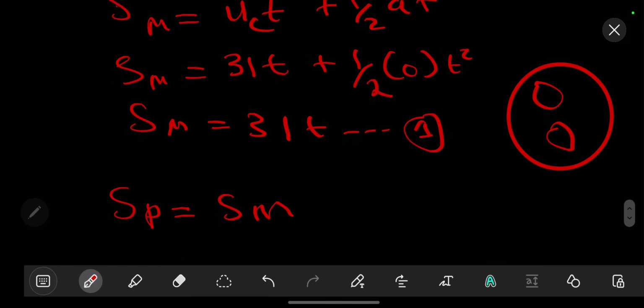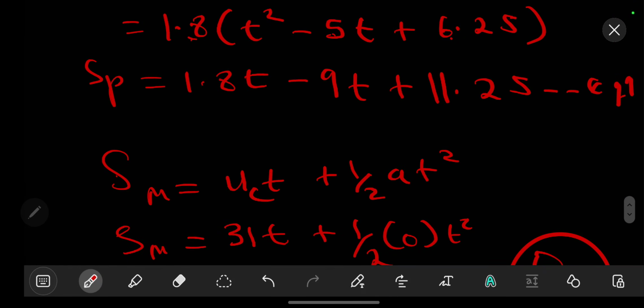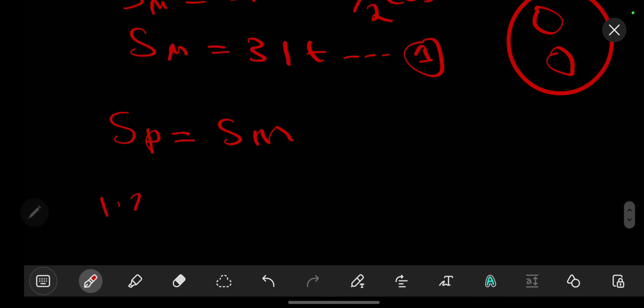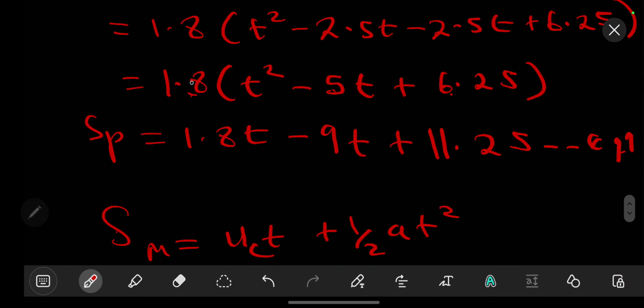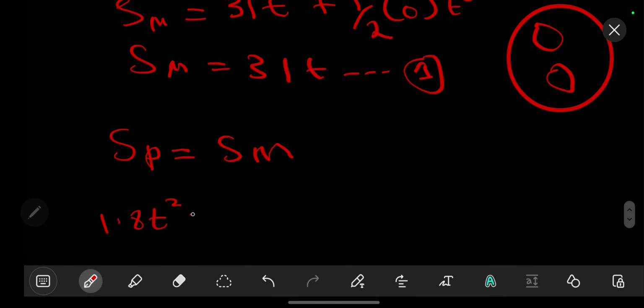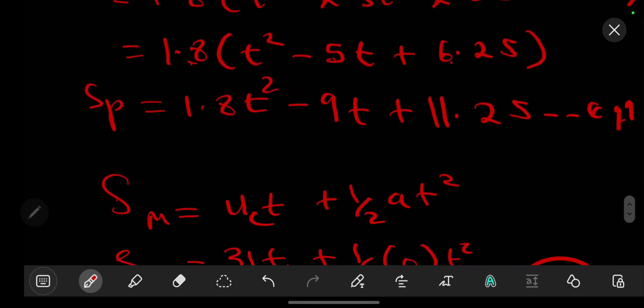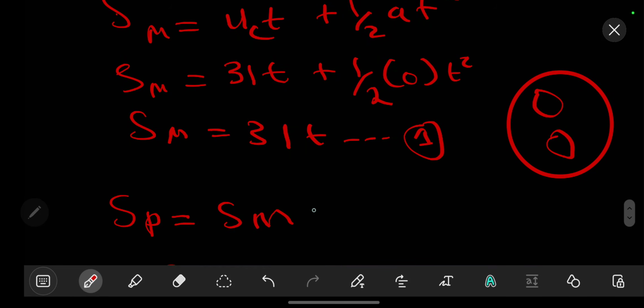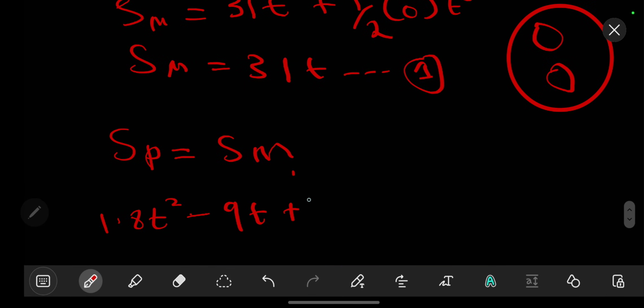So for the police, we are going to put the equation of the police, which is 1.8 t squared, then minus our 9t, like that. Then we have plus 11.25, should be equal to, for the motorist, 31t, like that.